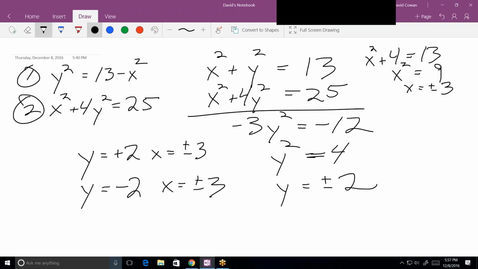If I were to try to graph that, my intersection points come at y equals 2 and x equals plus 3 and minus 3. These two are intersection points, and the other intersection points are down below. It would be negative 2, negative 3, and 2 comma negative 3.